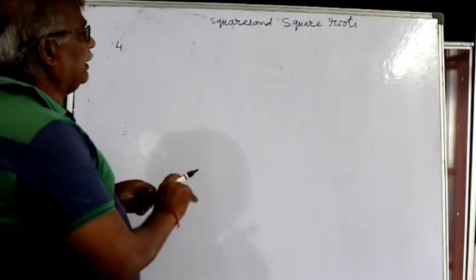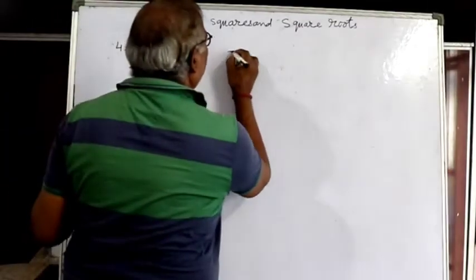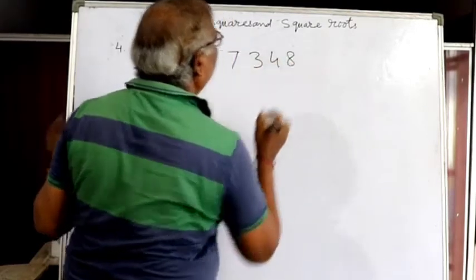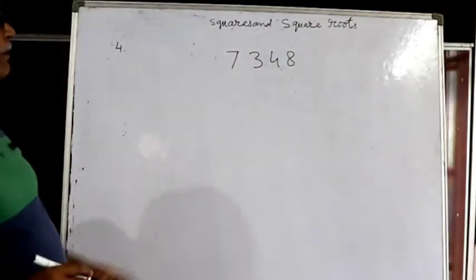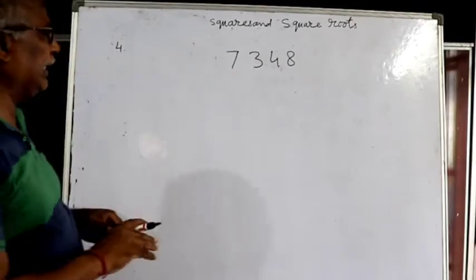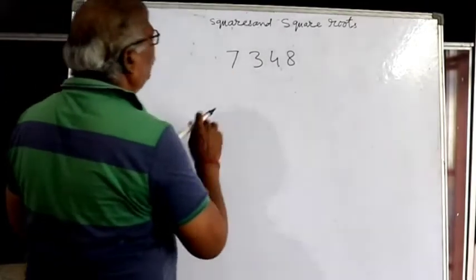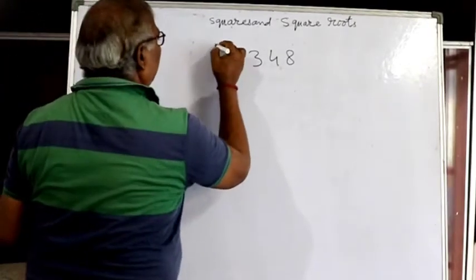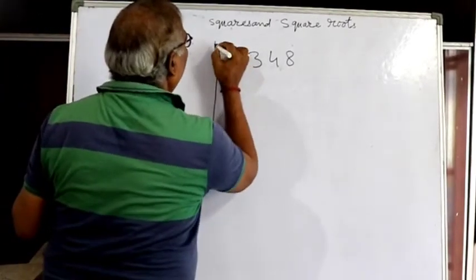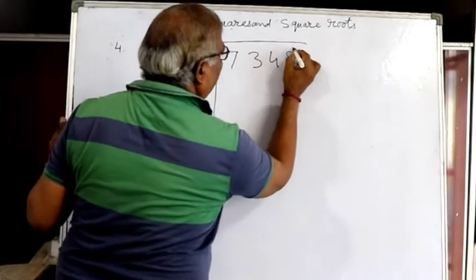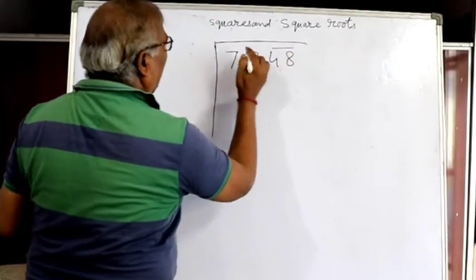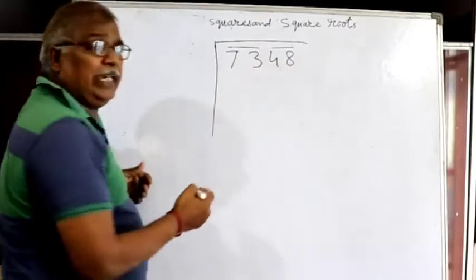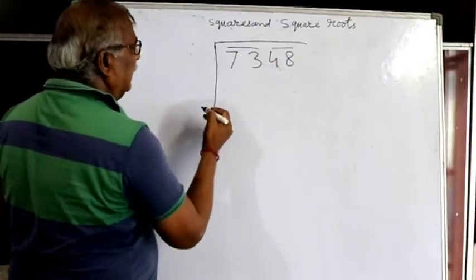Now the number is 7348. To find the square root of this number, we make a pair from extreme right. We make two pairs. First pair is 48, second pair is 73.